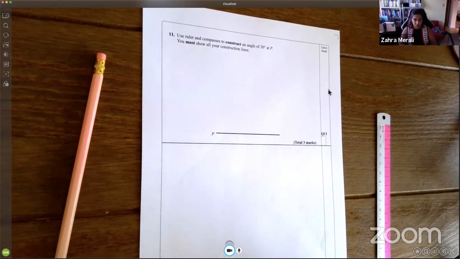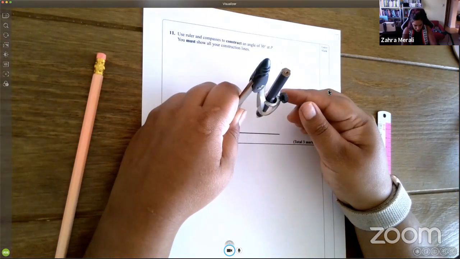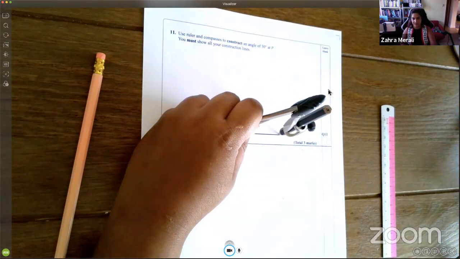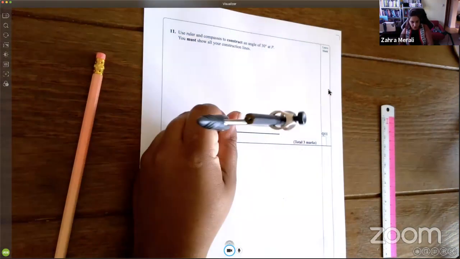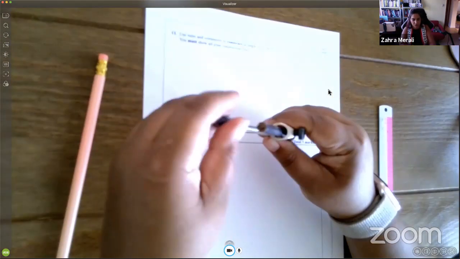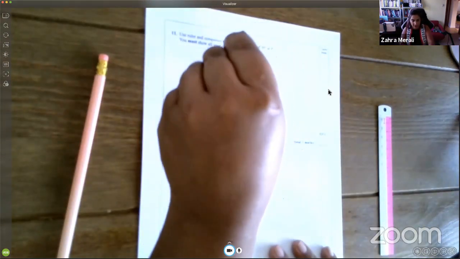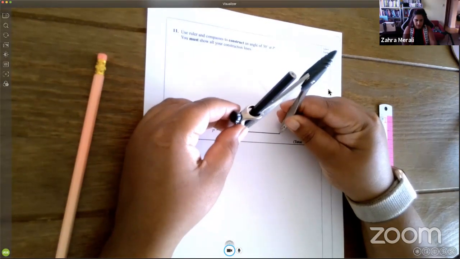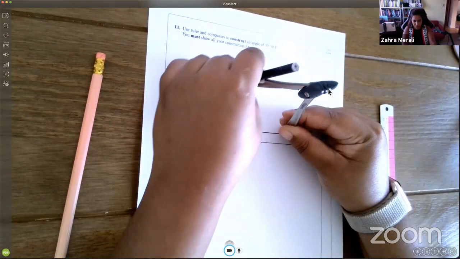So to get an equilateral triangle, we first want to make sure the length of our compass is the same length here. What would we do for an equilateral triangle? We'd have all the sides the same. So I'm going to put that on one side, put it on the other side, join it up.